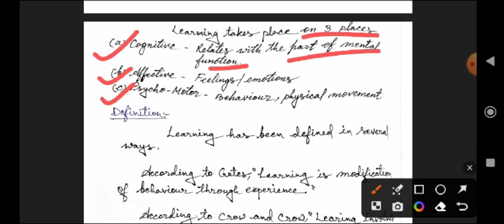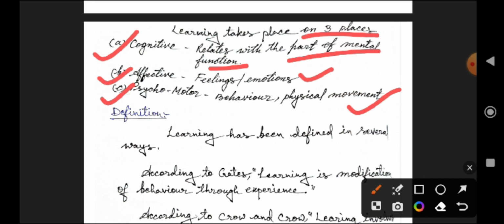Affective is related with feelings and emotions. And the last one is psychomotor. That is behavior or physical movements. Okay. So these are the phases through which we acquire knowledge. We learn things by emotions, by our behavior or mental functions used for learning.